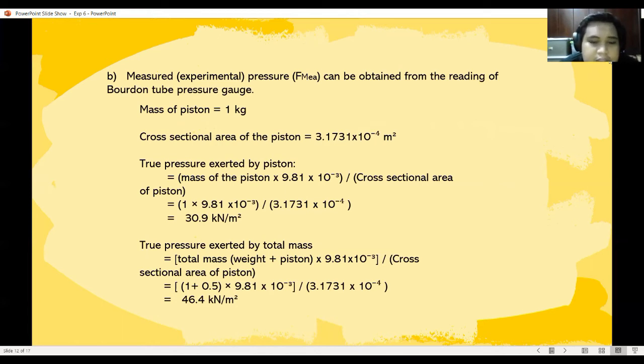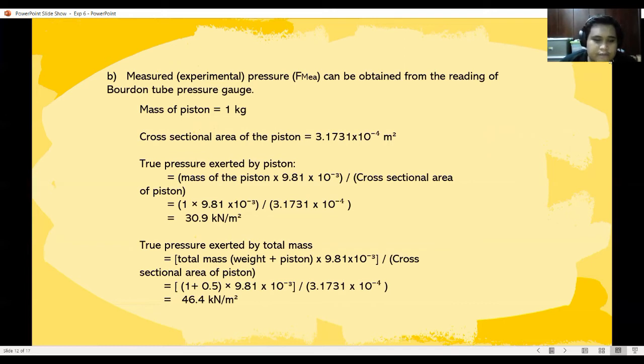The true pressure exerted by total mass is total mass, weight plus piston, times 9.81 times 10 power of negative 3 divided by cross-sectional area of piston. So 1 plus 0.5 in bracket, times 9.81 times 10 power of negative 3 divided by 3.1731 times 10 power of negative 4.